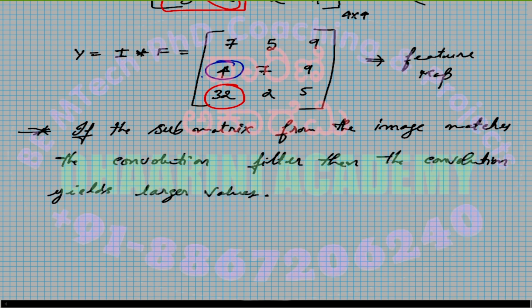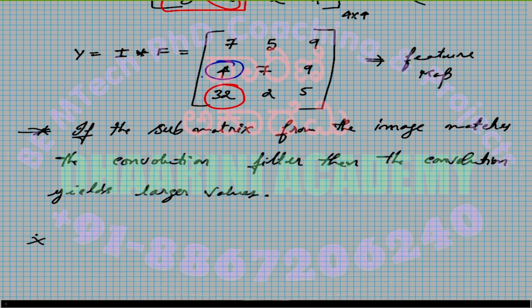Whenever it is not matching, your result will be small, indicating that there is a wrong alignment of the elements that you are looking for, such as the principal diagonal. I'm looking for the principal diagonal, but in the image I have the other diagonal. That is indicated by a smaller value as a result in the feature map. Very important aspects to learn.